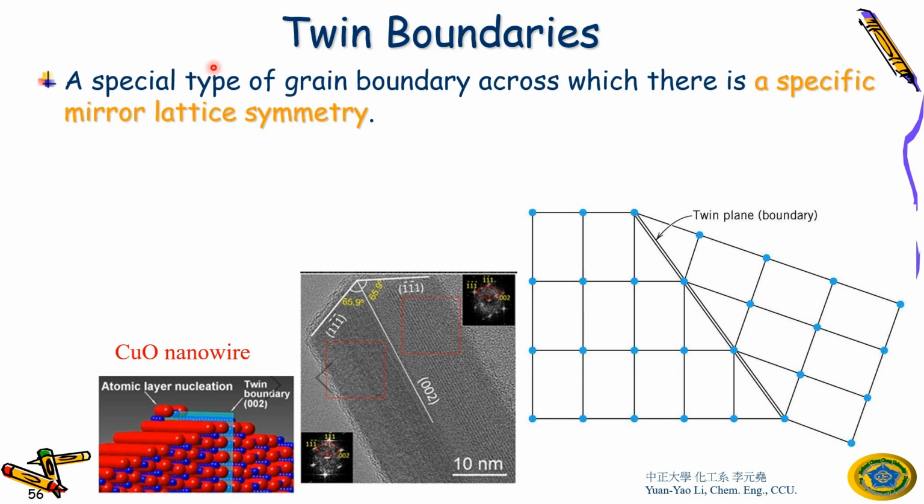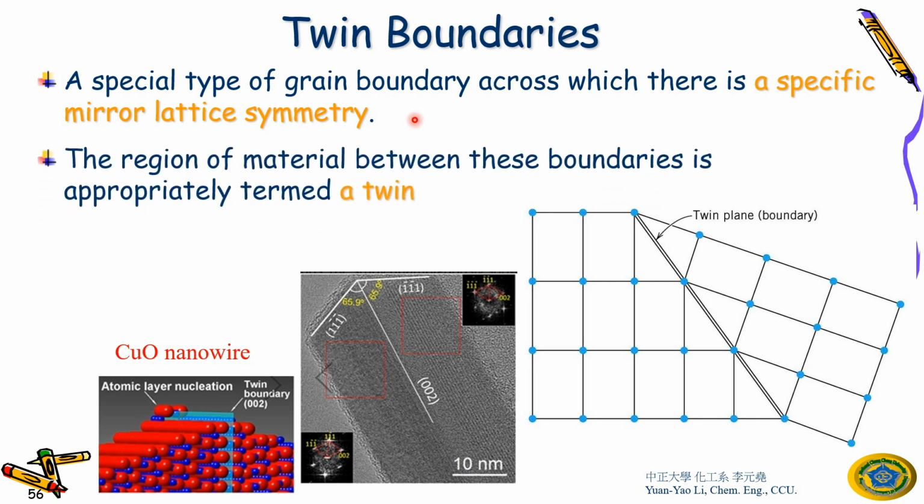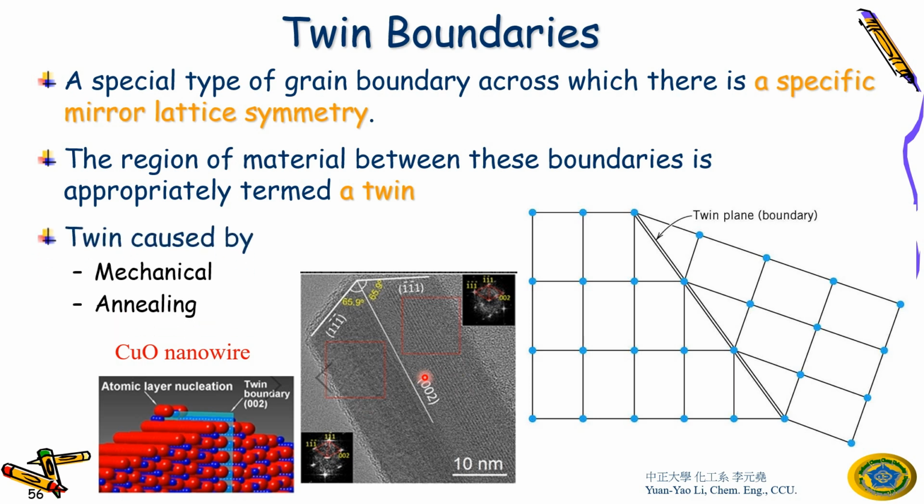So a special type of grain boundary is where there is a specific mirror lattice symmetry. The grain of the materials between these boundaries is appropriately termed a twin. A twin, this 1, 2, right? It looks like a twin. Okay, how do we do that? Mechanical annealing. That's the thing.